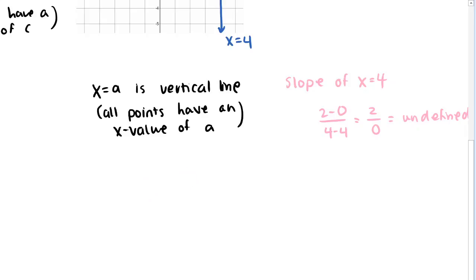Really, x is equal to a cannot be put in function notation because it's not a function. And although it's a line, it can't be written in the form f of x is equal to mx plus b.